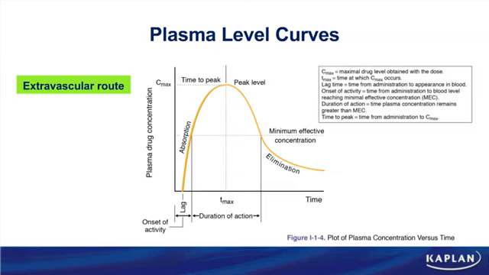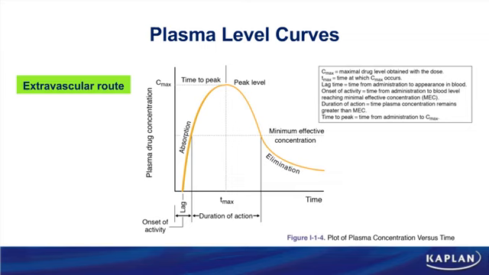Let's imagine that. If I take the drug orally, one of the terms that I want you to be able to define is lag time. When I take that drug and I start at time 0, there's a period of time where none of those drug molecules have made it into the plasma yet. So from time 0 until the first molecules show up in the blood, we call that the lag time.